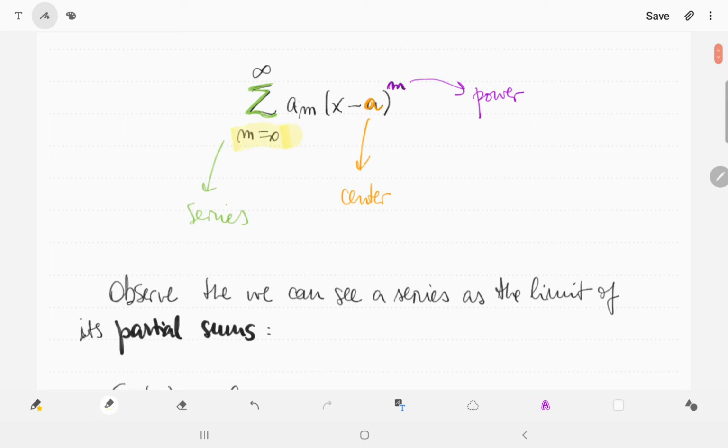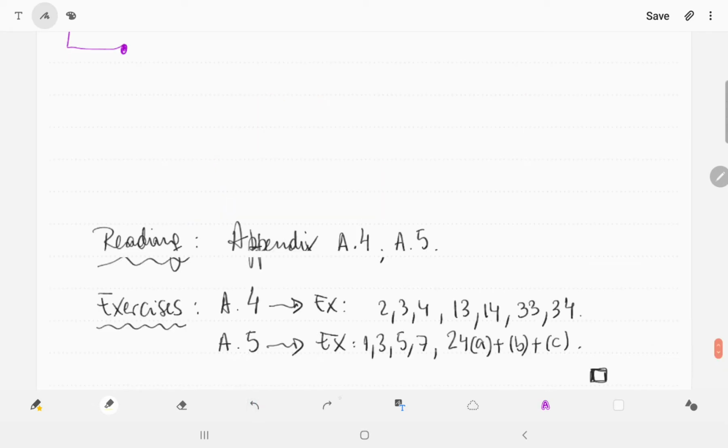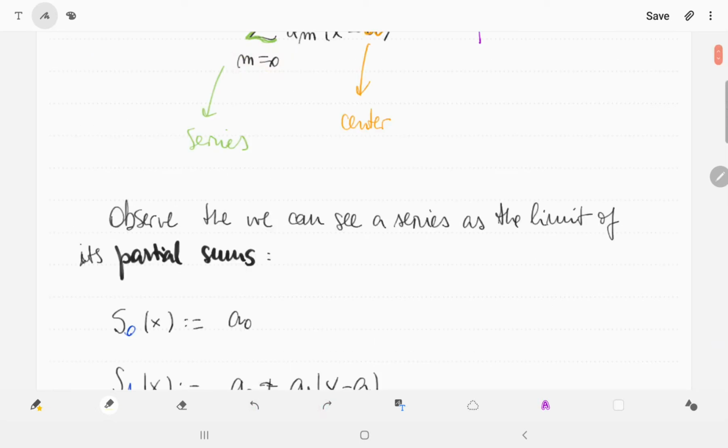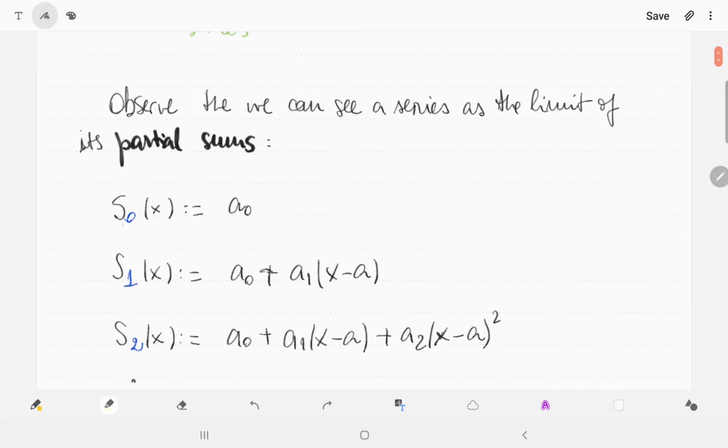So I only have a_0 and (x minus a) to the power 0, which is 1. So the first partial sum is here. Then we can sum the first two terms, which would be a_0 plus a_1 (x minus a).